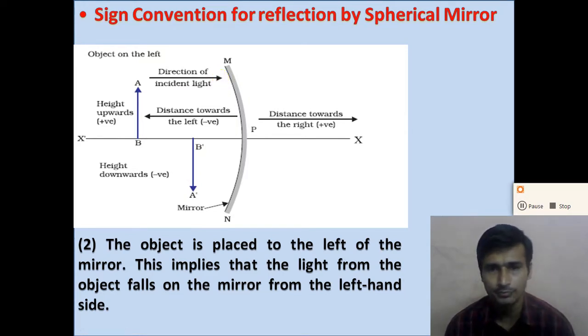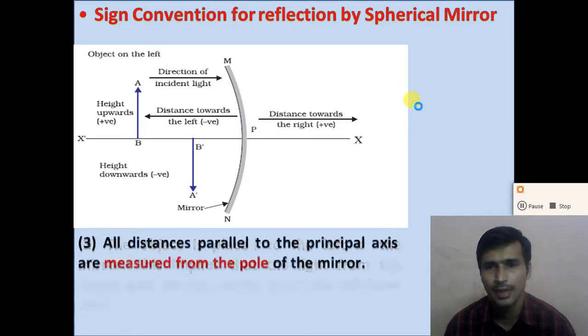Now the next sign convention is that all the distances parallel to the principal axis are measured from the pole of the mirror. So here, dear student, all the distances are measured from the pole of the mirror on the principal axis.